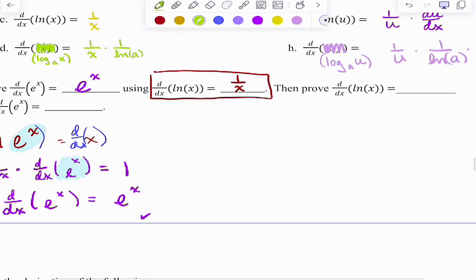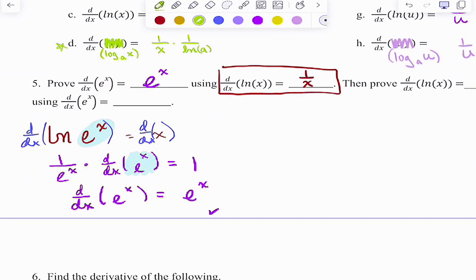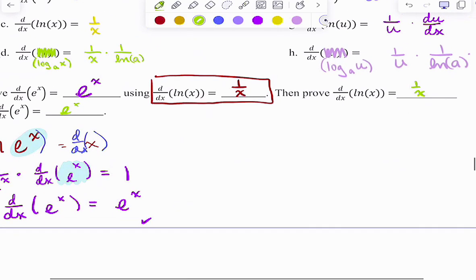So the derivative of natural log is 1 over x, and now we're going to start with e to the x. So if I started with natural log of e to the x, oh no, wait, stand by, I did that backwards. Where's my eraser?